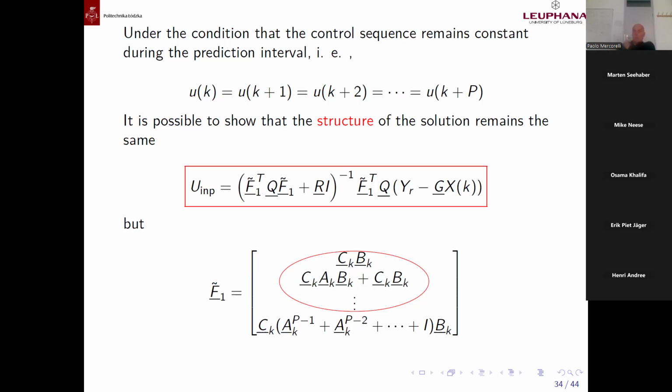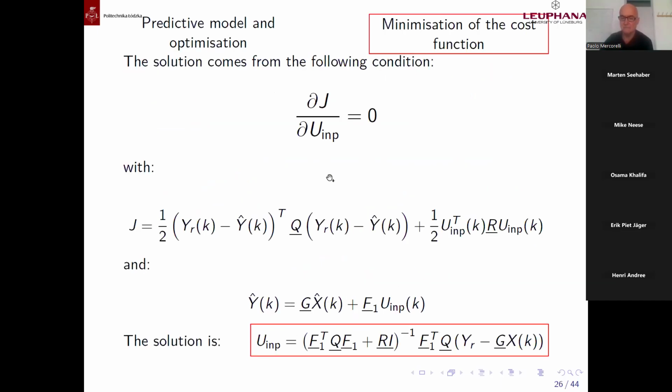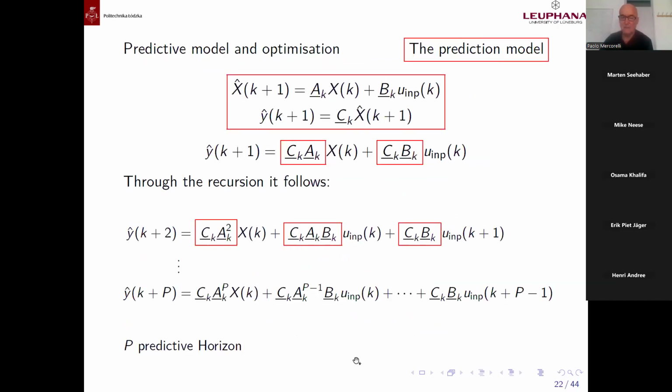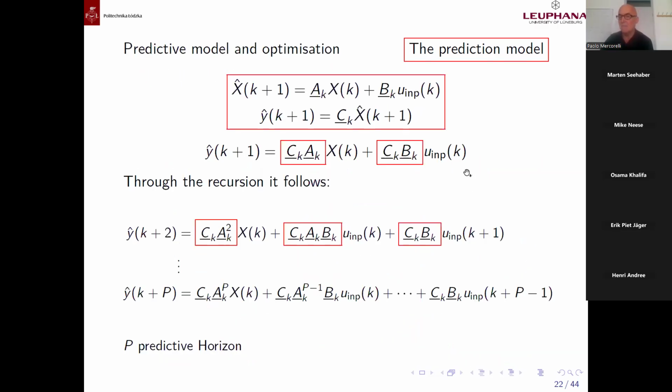Because if the element U is constant, the vector here consists of every element UK. That is an approximation in any case. What is the approximation, to be precise? Instead of UK plus 1, I put UK until this element here.